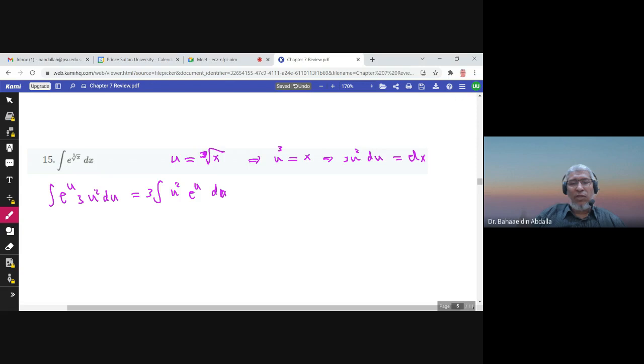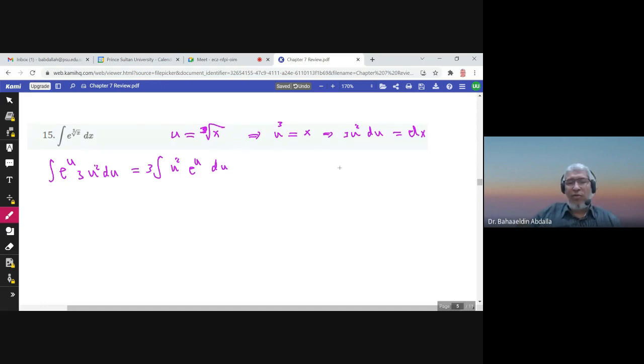And I can do this by parts, and I can even use the faster method we used to make a table. So we will take u as u squared. This is the function we are going to find its derivative. And e to the power u is the function we are integrating, dv.